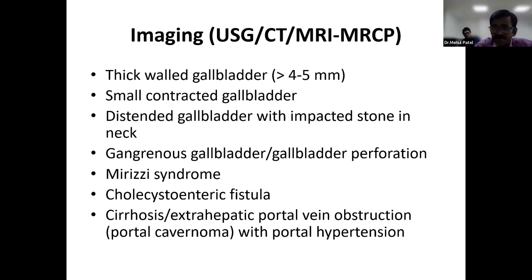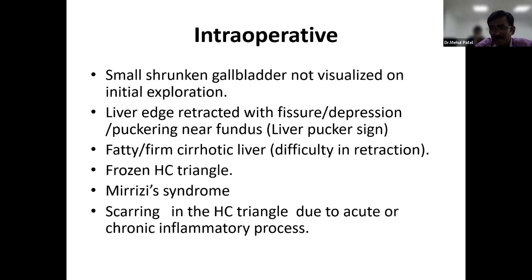Small contracted gallbladder, distended gallbladder with impacted stone, gangrenous gallbladder, Mirizzi syndrome, cholecystoenteric fistula, cirrhosis, they are all demonstrated in ultrasound. While doing surgery, even intraoperatively, you can predict that this is not a simple cholecystectomy, this is a difficult gallbladder.